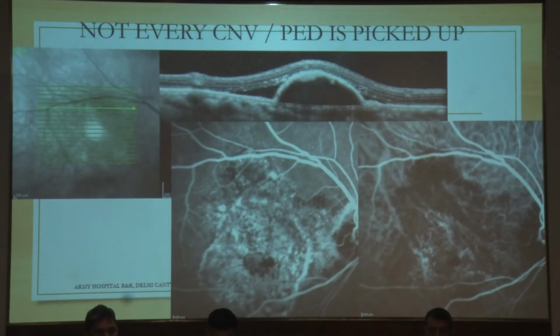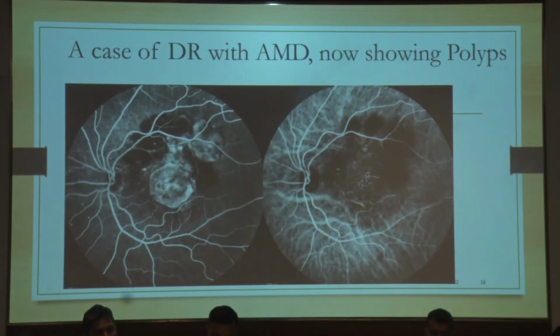Not every CNV or PED can be picked up even on the ICG. So though you may see those classical pictures on OCT, FFA and ICG, you may not pick up those polyps and the BVN. Here you have to go on to other investigative modalities to diagnose.